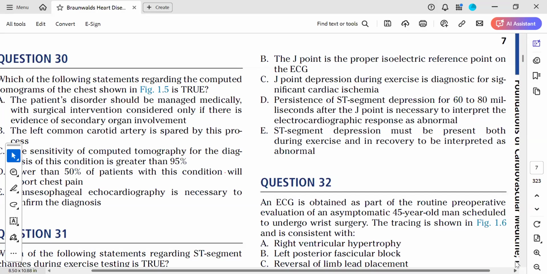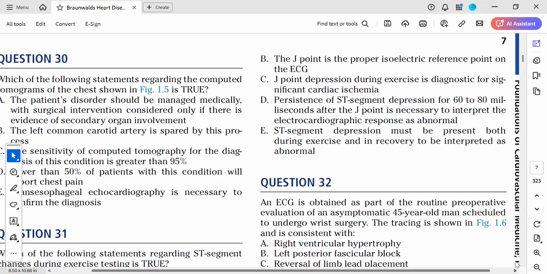That is when we can consider whether there is a depression, if it is present after the 60 to 80 millisecond mark. So C is not the correct answer. For D, the persistence of ST segment depression after the J point is necessary to interpret the electrocardiographic response as abnormal, and of course that is very true.